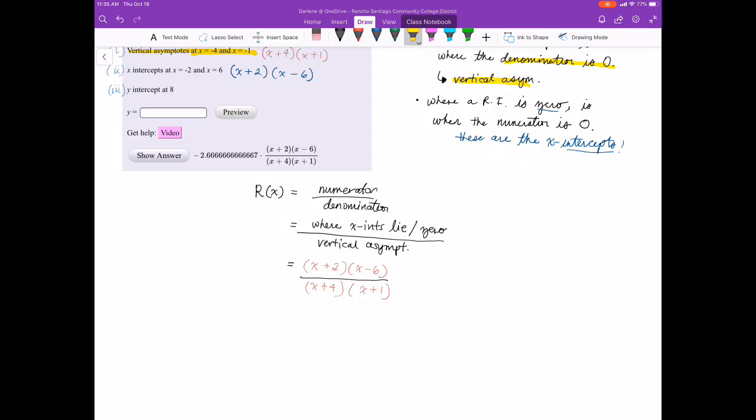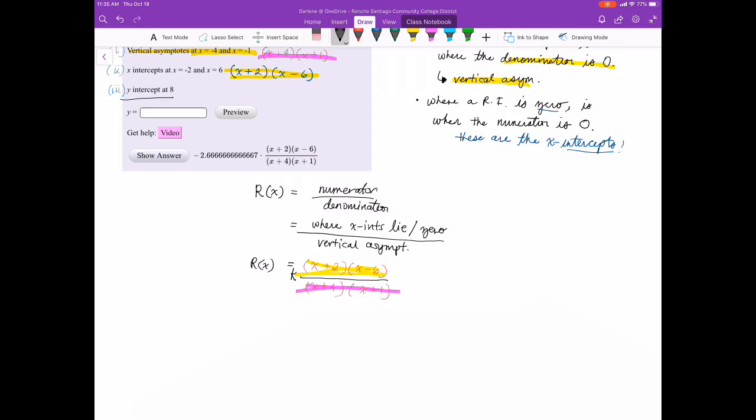So the numerator is the x-intercepts, and the denominator is the vertical asymptotes. Okay, but then you still have some constant coefficient in the front, k. So even though we found the rational function, there is some sort of vertical stretch or compression that may occur. It may be that k is 1, we don't know. But this is where the third piece of information up here comes in.